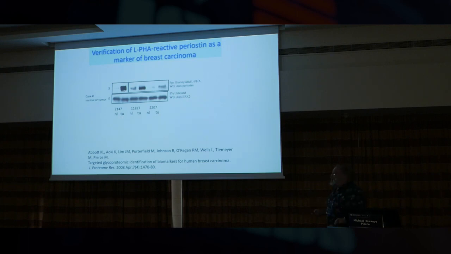So using the targeted approach, we can characterize the structures, but then if we have antibodies to specific receptors or transporters or whatever, adhesion molecules, we can verify the sialome focusing on specific glycoproteins in this way.